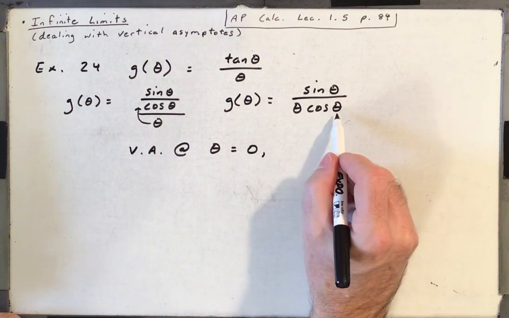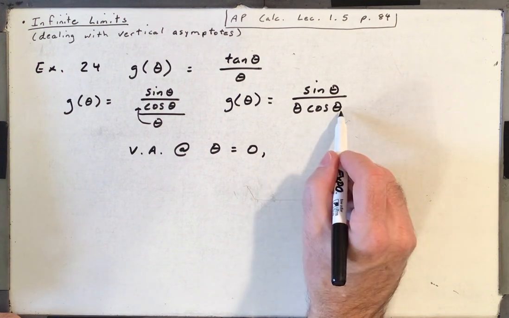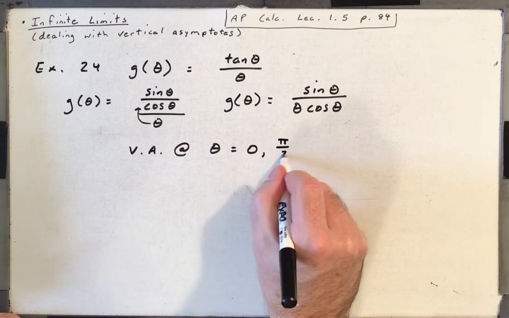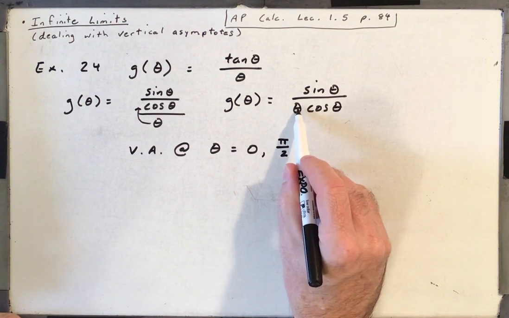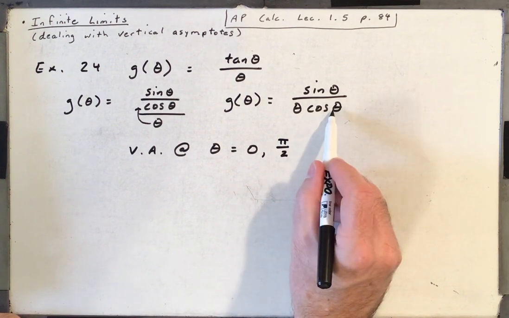And then where's the first place cosine is equal to 0? Well, that's at pi over 2, right? So pi over 2 times cosine of pi over 2, it'd be pi over 2 times 0, which is 0.